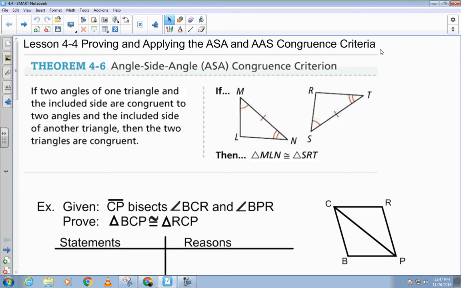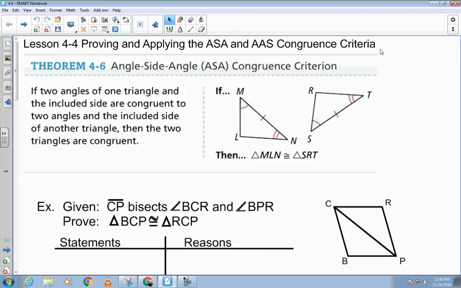Okay? So the first one is the angle, side, angle congruence criteria. If two angles of one triangle and the included side are congruent to two angles and the included side of another triangle, then the two triangles are congruent. Okay? So you can see here that these two triangles, MLN and SRT, have a pair of angles here with a single arc.